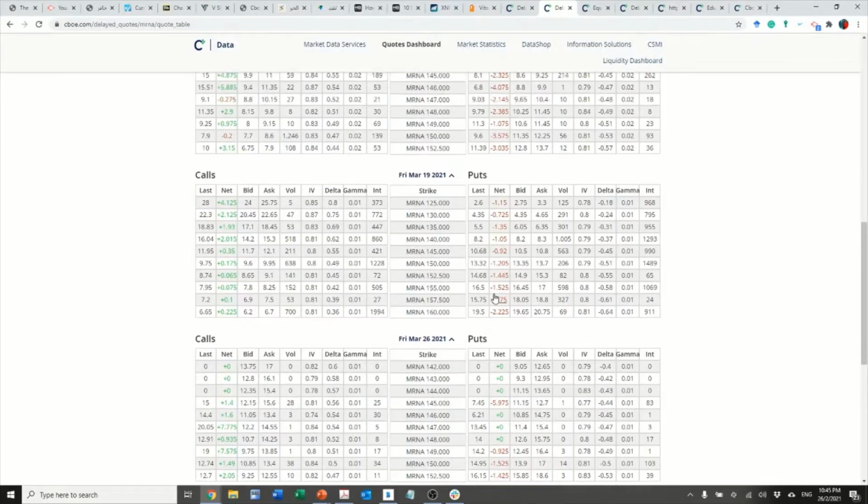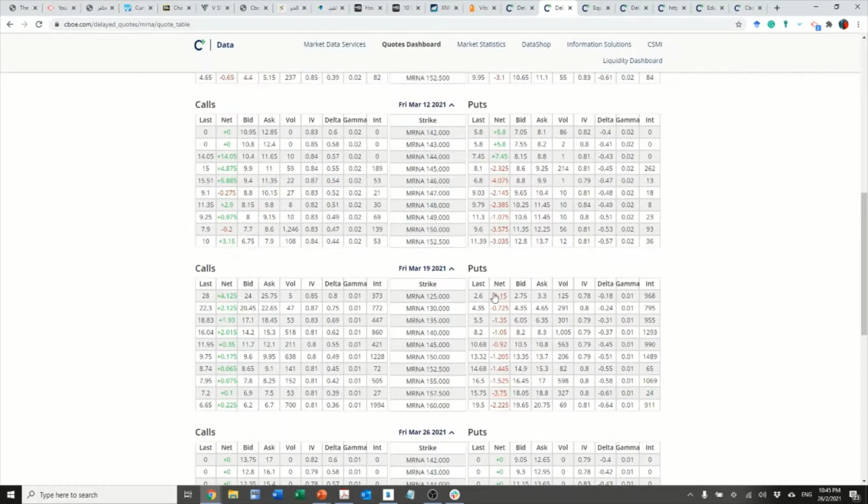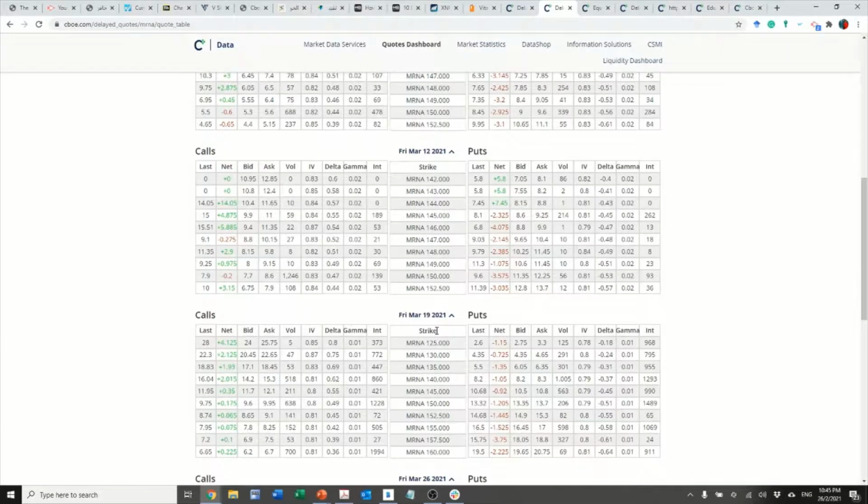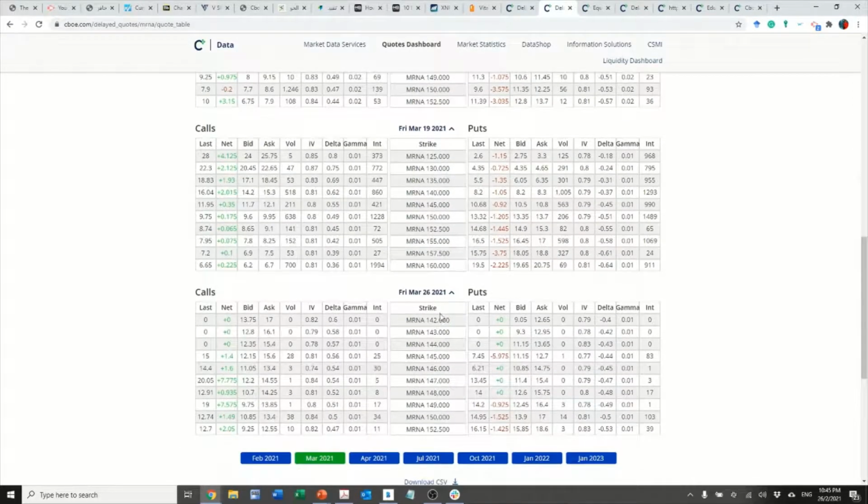So weekly options are options that expire every week in a month. So in March there are options that expire on March 5th, March 12th, March 19th, and March 26th. So this is a different class of options other than the ordinary ones, which are called weeklies because every week there is a contract available to expire on that week.